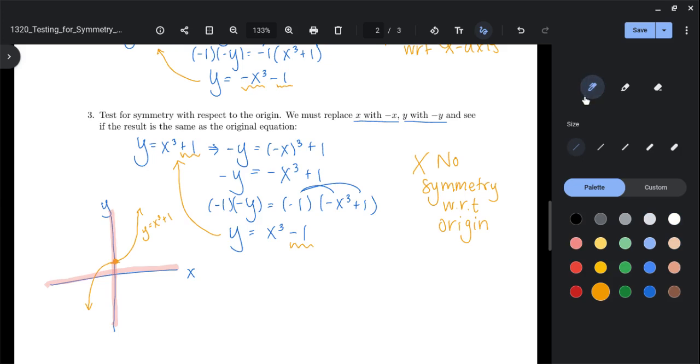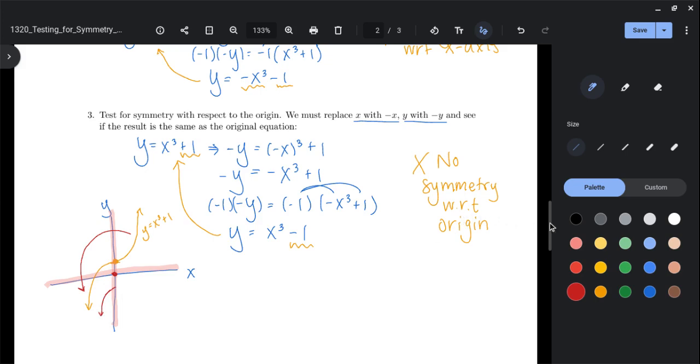And if I were to rotate this graph about the origin 180 degrees, it again doesn't match up, because rotating this 180 degrees, it would come down here, which is not the same thing as what we have on this half of our graph. So therefore, this graph has no symmetry.